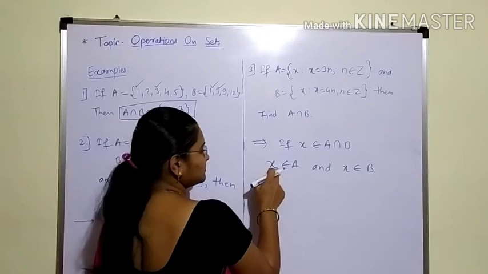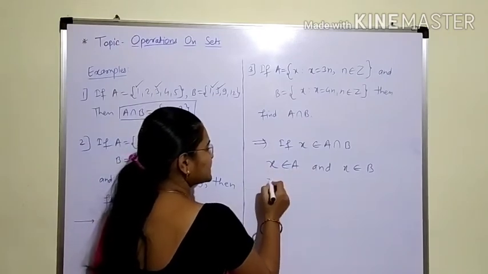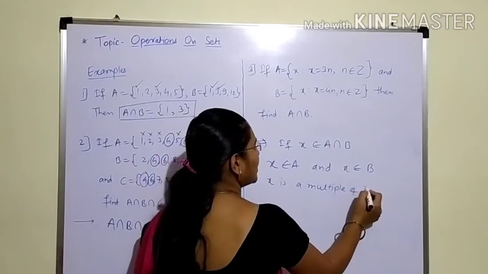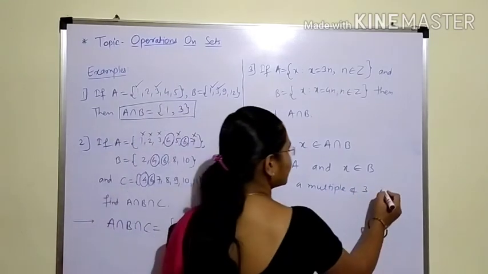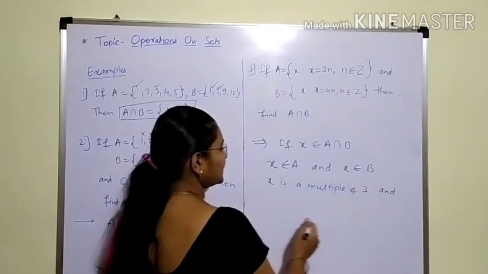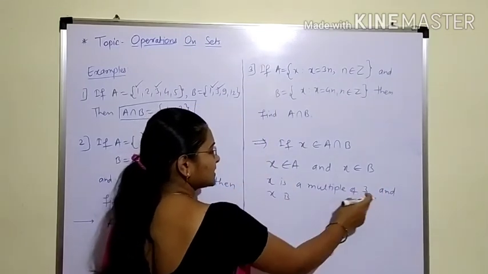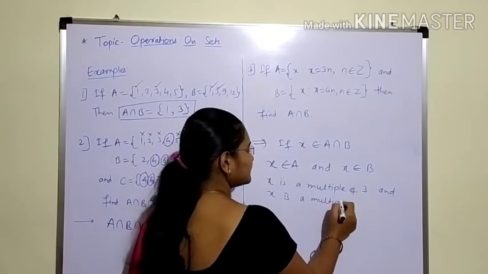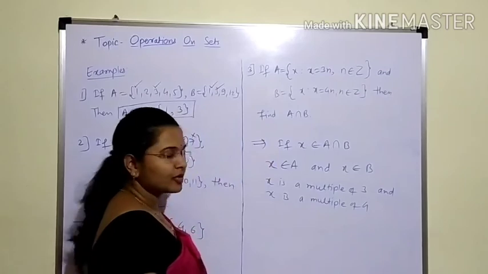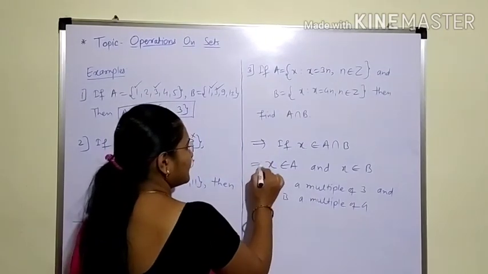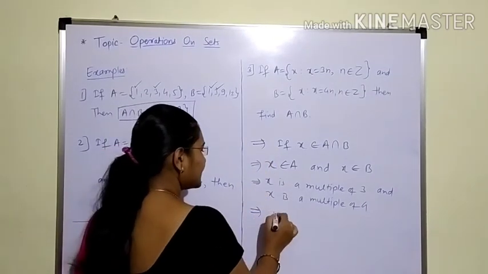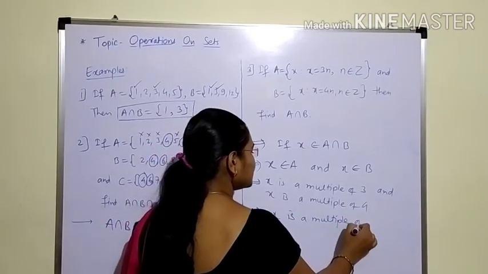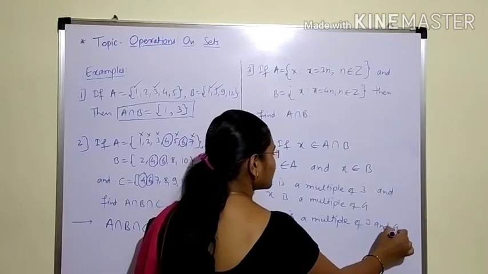Then x belongs to A means x is a multiple of 3, and if x belongs to B, then x is a multiple of 4. Means we can write x is a multiple of 3 and 4.